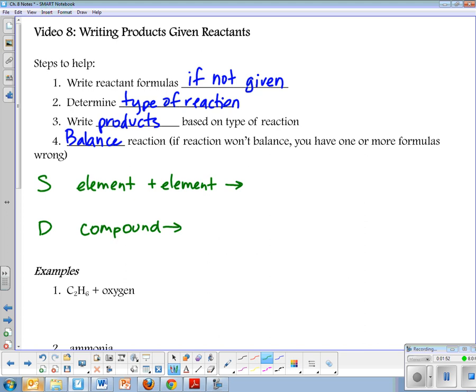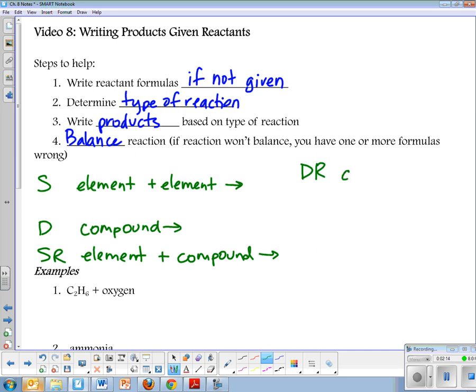If it's single replacement, you're going to have an element plus a compound, because that element then is going to come replace something in that compound. Remember, it's going to switch out one of the elements. Double replacement is when you're going to have a compound plus a compound.